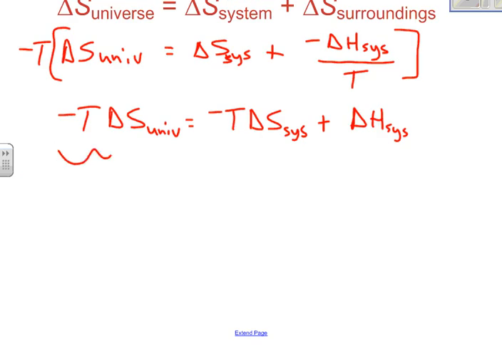This value right here then becomes the one that we're going to use to describe Gibbs free energy.